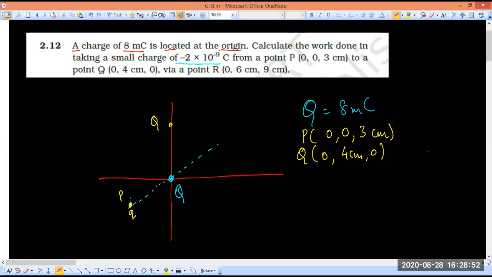So first from here we take it there, and then, no, sorry, we have to take it to Q via a point R. Via means through. So first, we don't have to go directly over there. We have to go to 0, comma 6, comma 9, right? So let's say that's somewhere here in space. So this is 0, comma 6, comma 9.